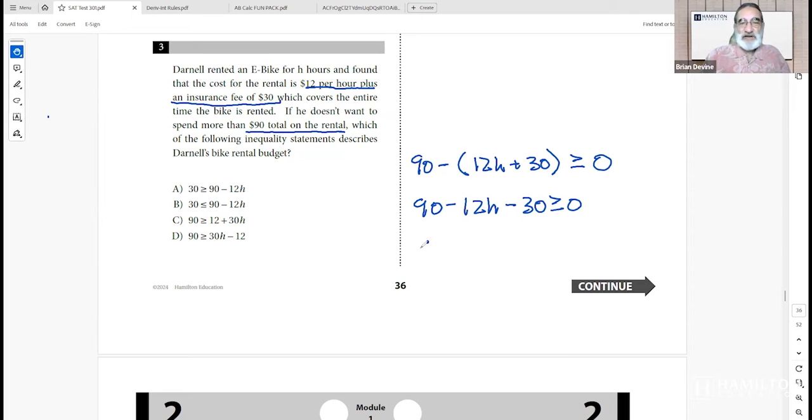And that's the same as saying 90 minus 12h has to be greater than or equal to 30 if I add 30 to both sides. And I see that as one of the answers. So I glom onto that one, and B is the answer.